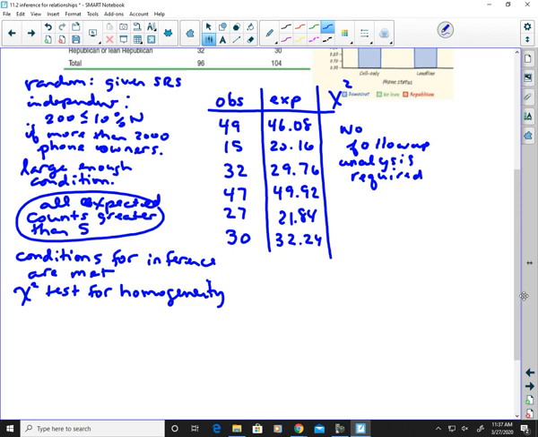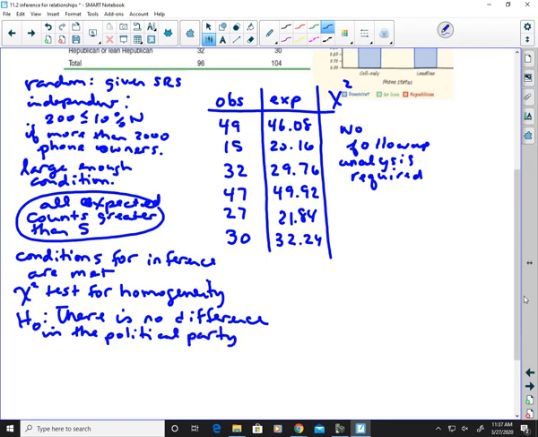So let's write our null and alternative hypotheses. I am wondering, because it's a homogeneity, there is no difference in the political party leaning, I guess, or choice, based on phone service.